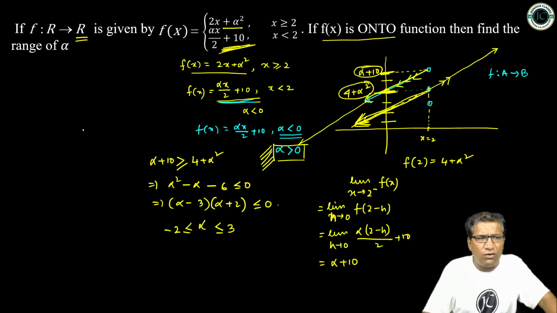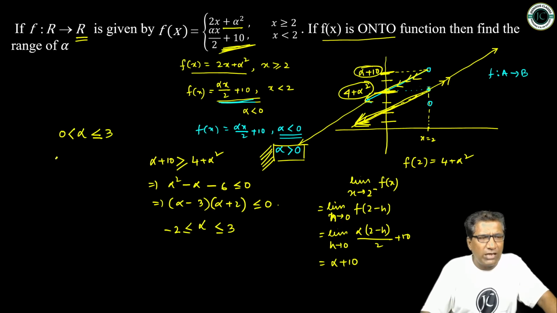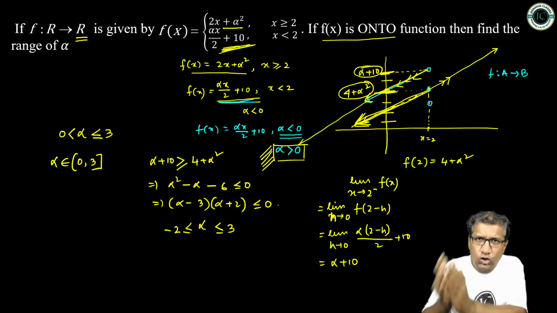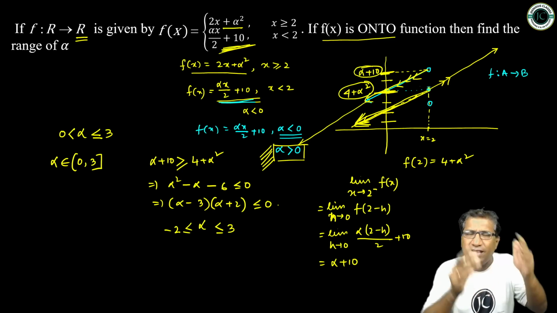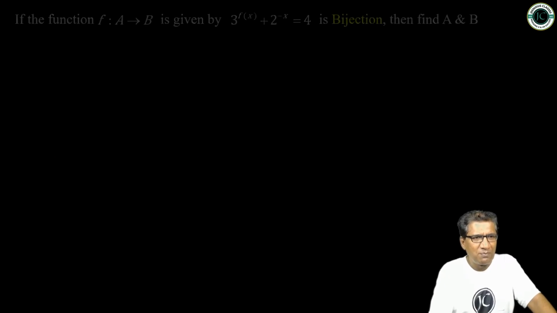Therefore, alpha will be greater than 0 but less than or equal to 3. Is it clear to all of you? Therefore, the range is open 0, close 3. So if we can draw the graph of the given function, it will be very easy for us to deal with this type of question, right? So let us move to the next problem.